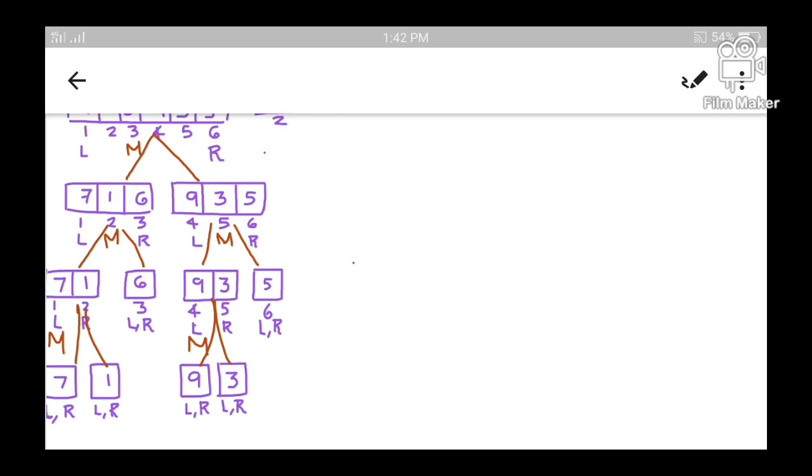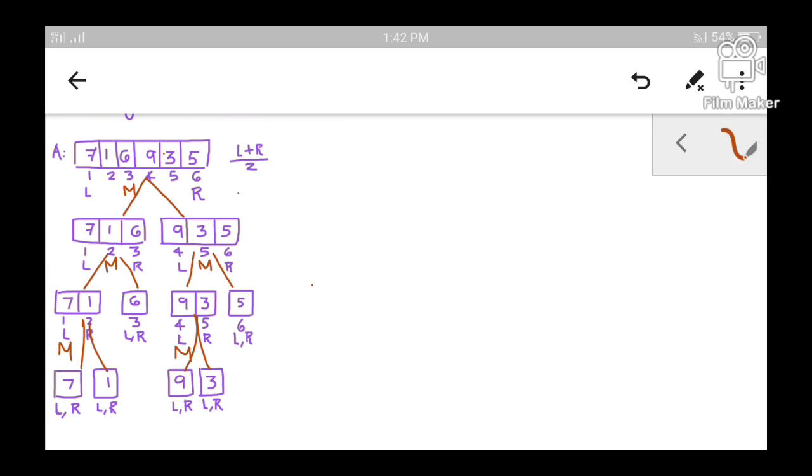Remember, if the division process proceeds from top to down, then the conquer part proceeds from bottom to top. That means now we are moving from the last level to the first level. Let us see how are we going to do this.